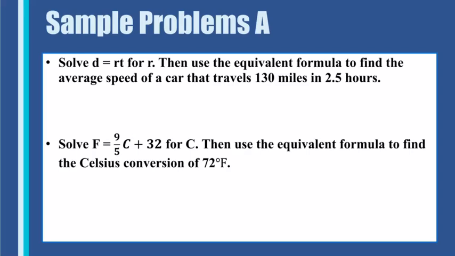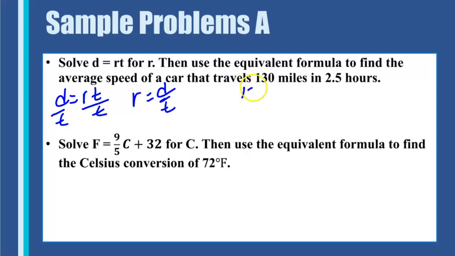Next, we need to solve d equals rt for r, then use the equivalent formula to find the average speed of a car that travels 130 miles in 2.5 hours. So if I have d equals rt, I need to solve for r by dividing by t on both sides. r is going to equal d divided by t, which is the distance divided by the time.